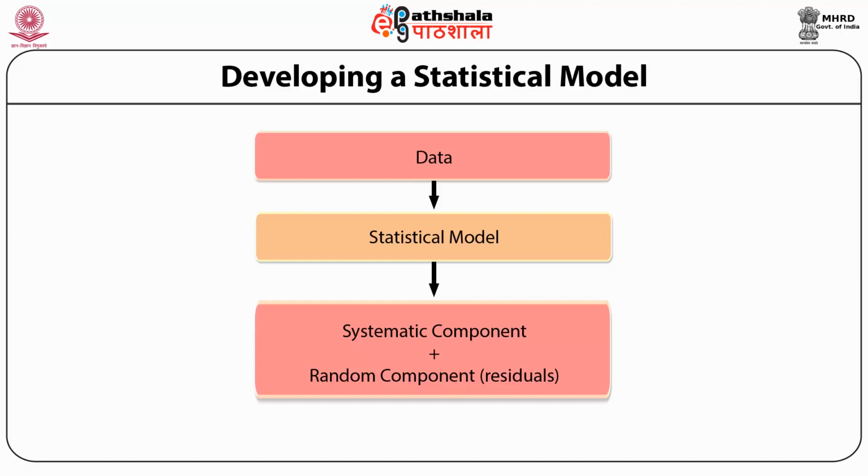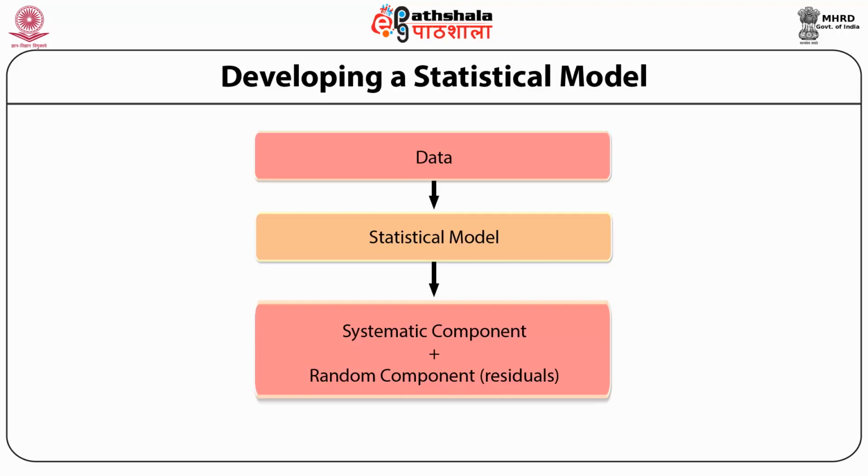Now we will try to develop a model that will help us to make good future predictions. Now in this slide you can see that we have some data set, and this data set is used in a statistical model, and finally we have a result, and this result is comprising of mainly two components. First is systemic component and second is random component.